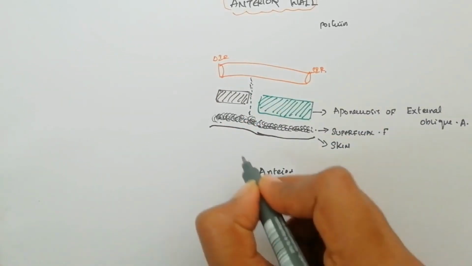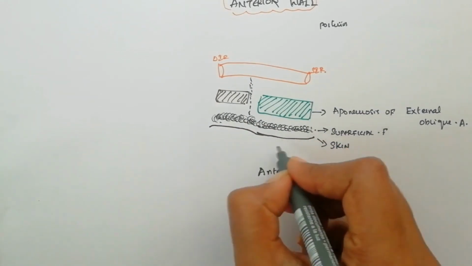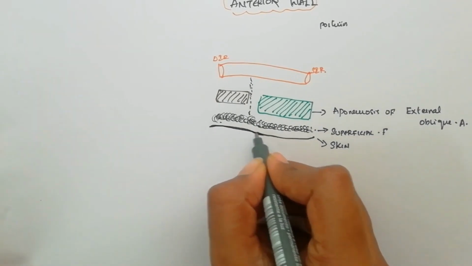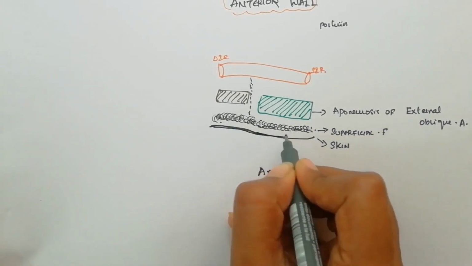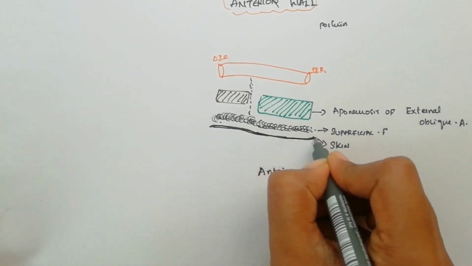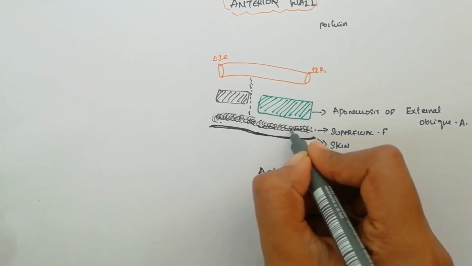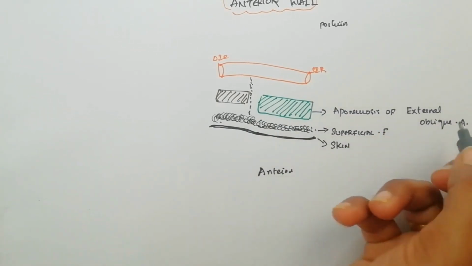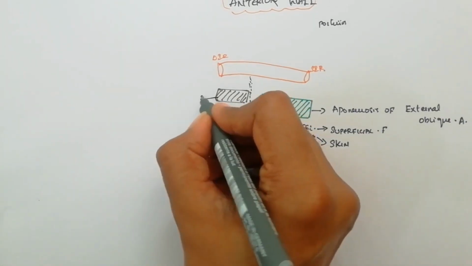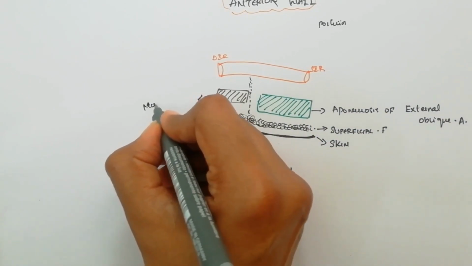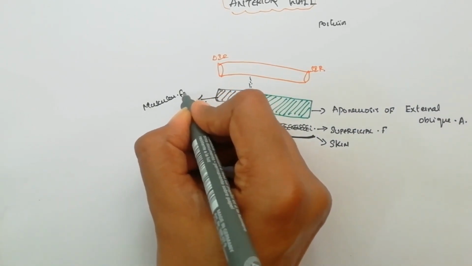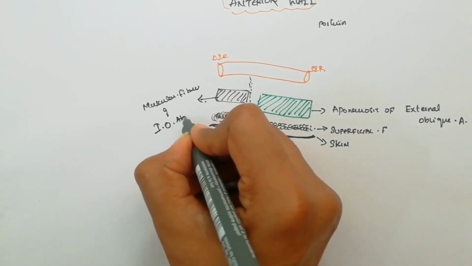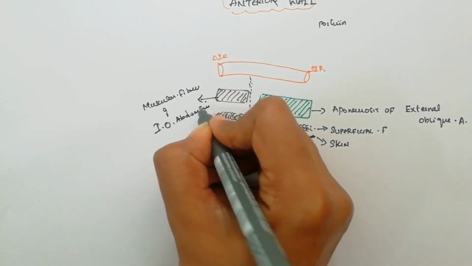Seeing the anterior wall, in the anterior aspect the first layer is skin, then we have the superficial fascia behind that. In the medial aspect we have the aponeurosis of external oblique abdominis, and in the lateral aspect we have muscular fibers of internal oblique abdominis muscle.